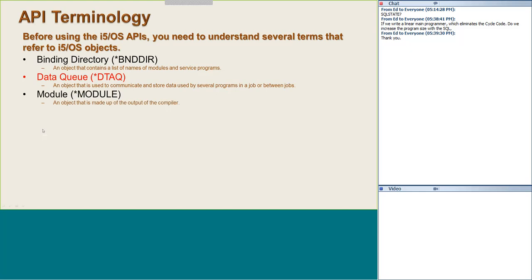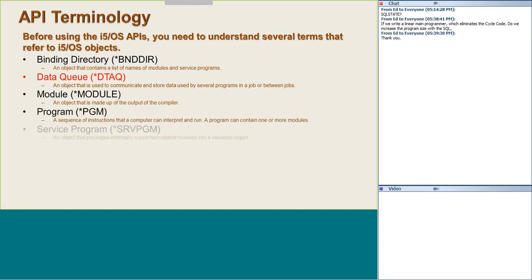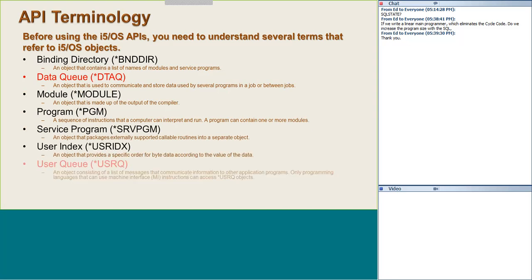Module, we've talked about modules until we're tired of those. Program, service programs, user indexes and user queues. A user queue is an object consisting of a list of messages that communicate information to other application programs.